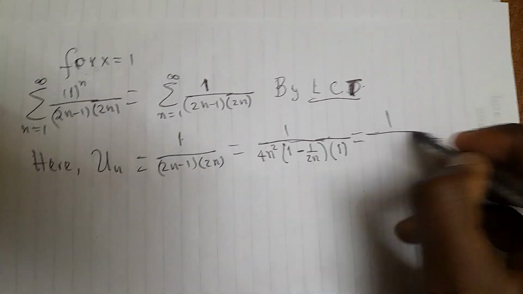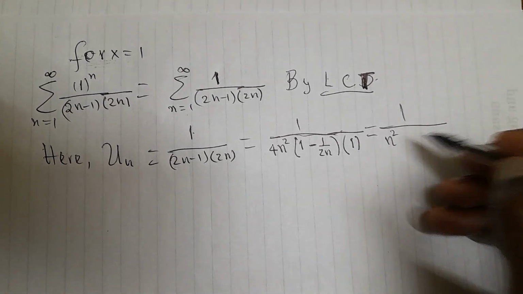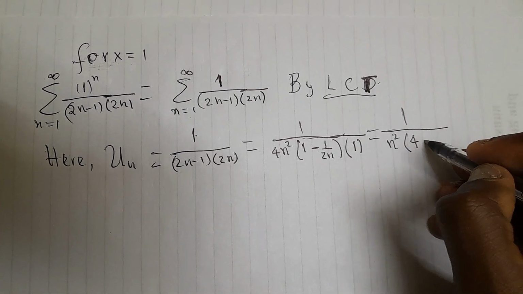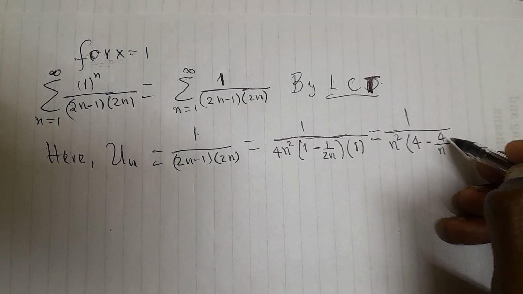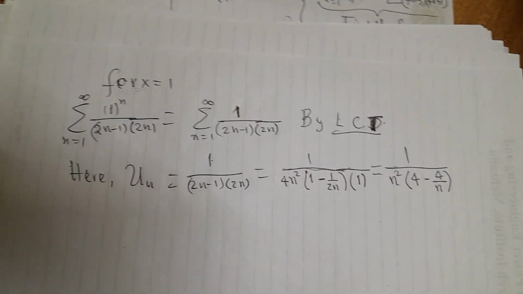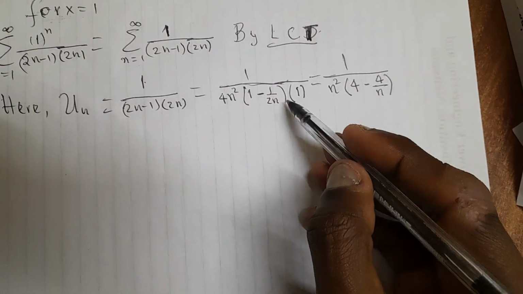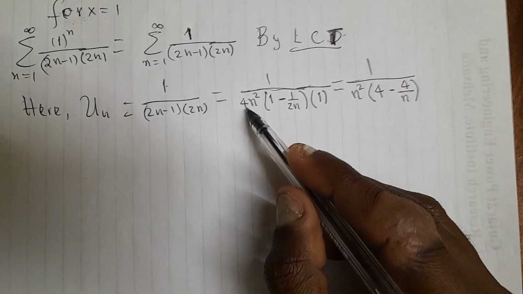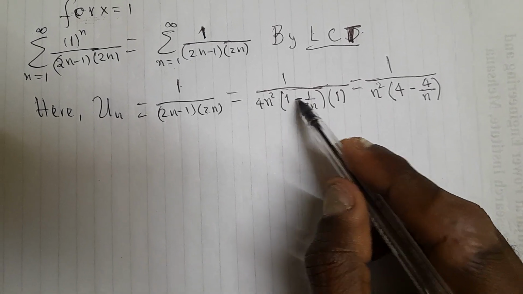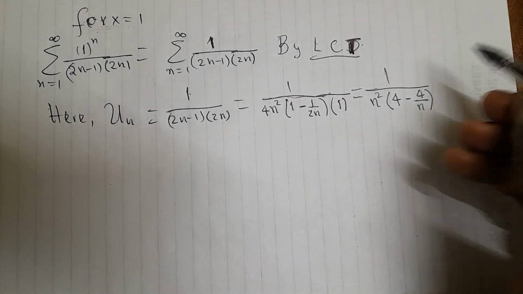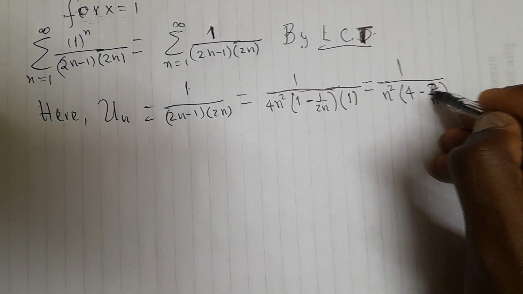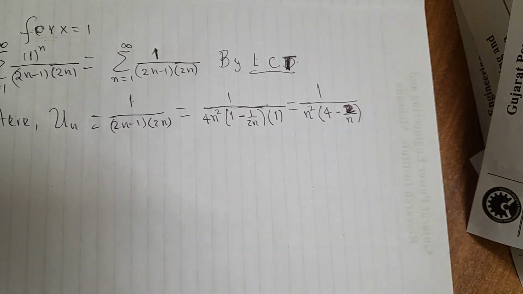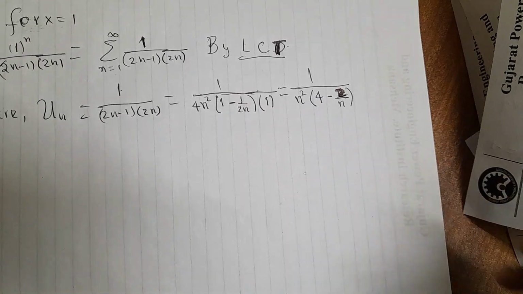This is the same as writing 1 upon 4n square, then put back 4, minus 4 upon n. I just took 2n here and 2n here. This is 4n. Then put back 4n, here 4 and here 4. If you put 4, no, it will be 2, sorry. Yes, this will be 2, because here I have this one. Is that okay? 2 upon n.